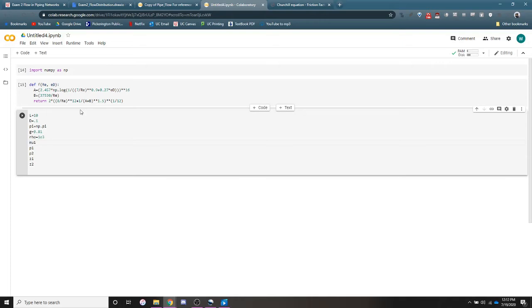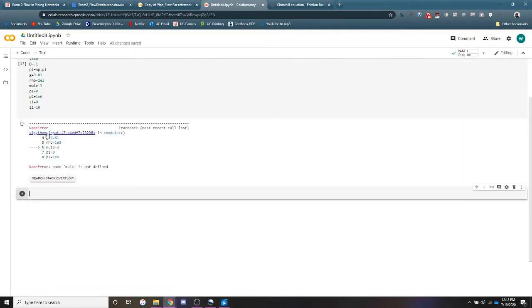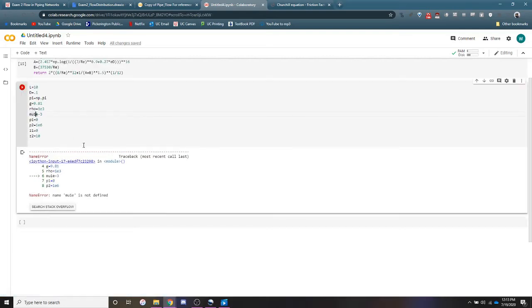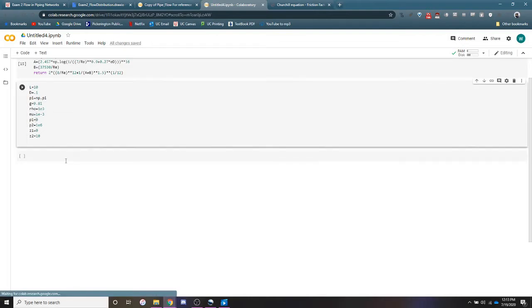Viscosity will be the inverse of that. Pressure 1 will be 0 because it'll be atmospheric, and pressure 2 we'll call a million. We'll call z1 equal to 0, and z2 equal to 10 meters, a drop of 10 meters. So that's what we need.